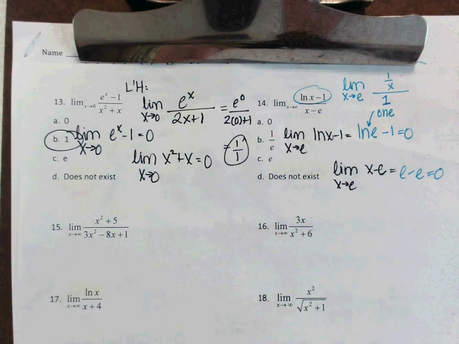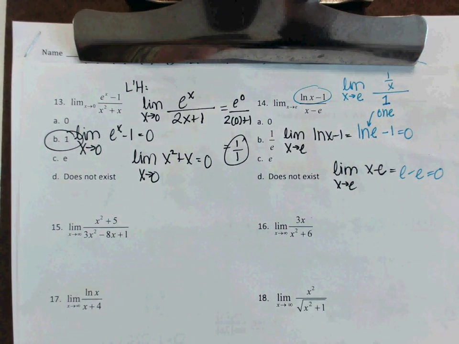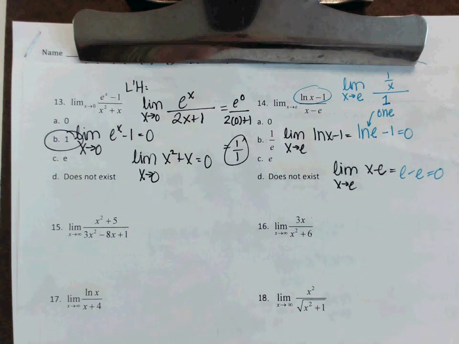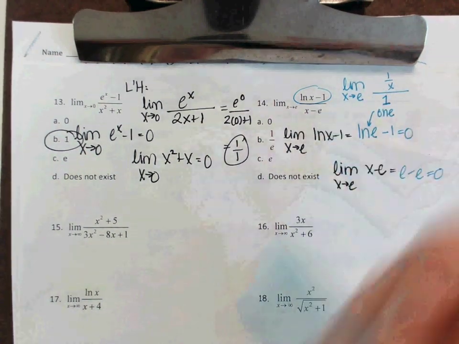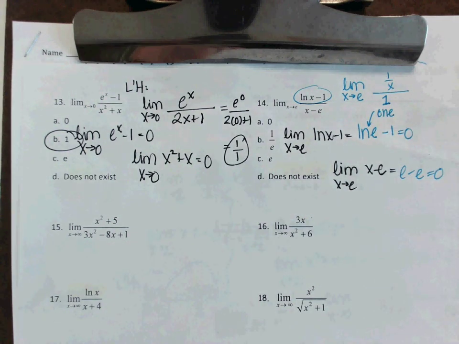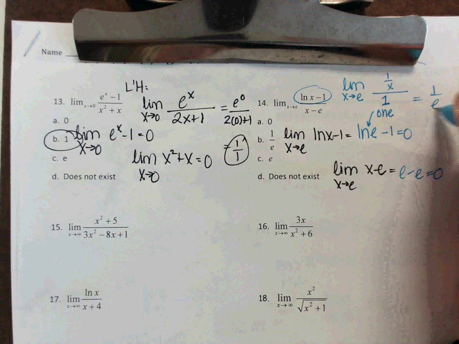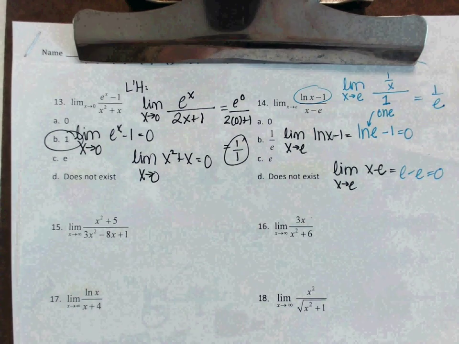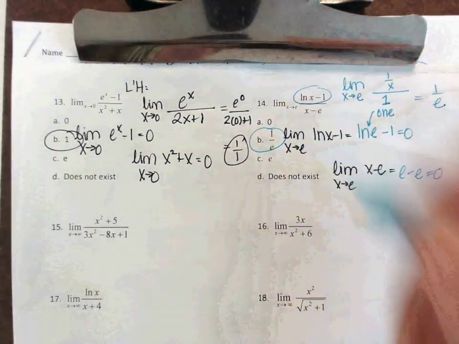Why is it 0? E is a constant, right? E is like 2.718 or whatever. So if e is a specific constant, but it's still just a number, then the derivative of that is 0. So then from there, I have 1 over x over 1. Plug in e, you have 1 over e. Over 1 doesn't change it, so it's 1 over e.